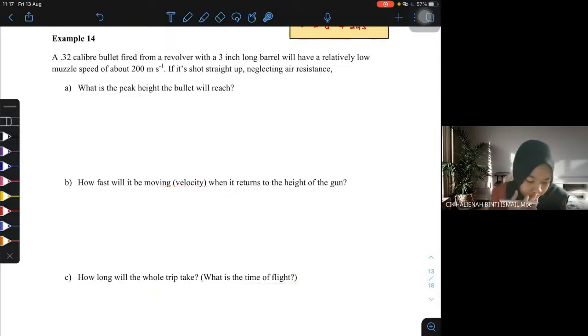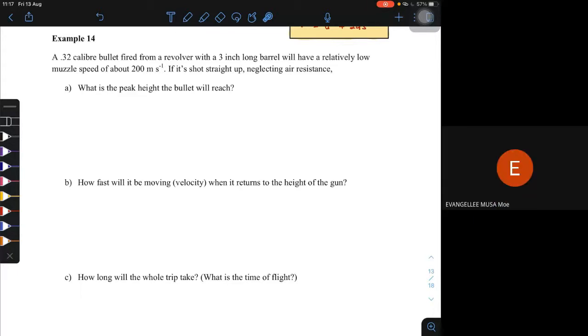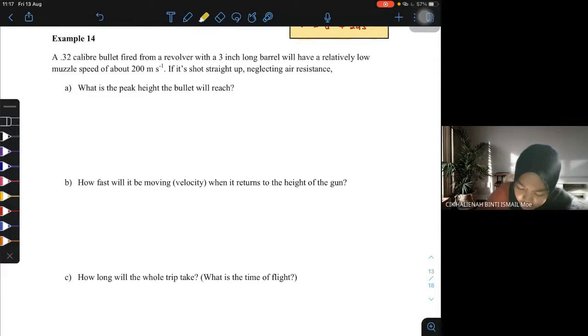Okay, first of all, which category is this one? Vertical. It is vertical because it is shot straight up. We are only given one piece of information, which is 200 meter per second, and this is the initial velocity.